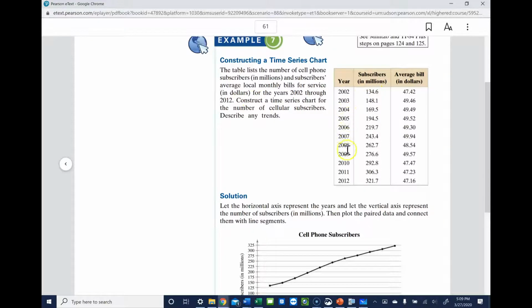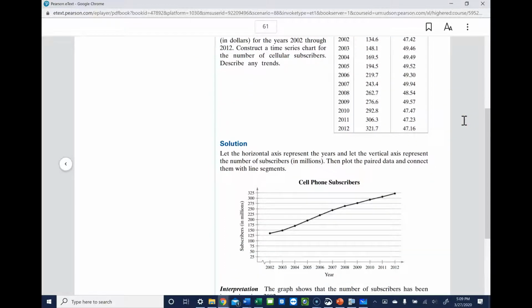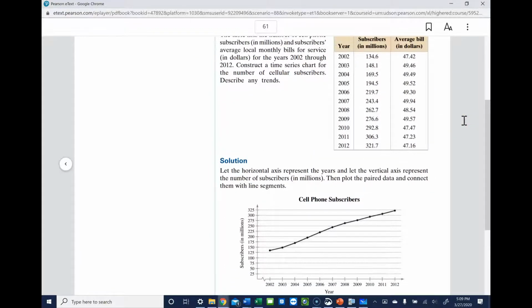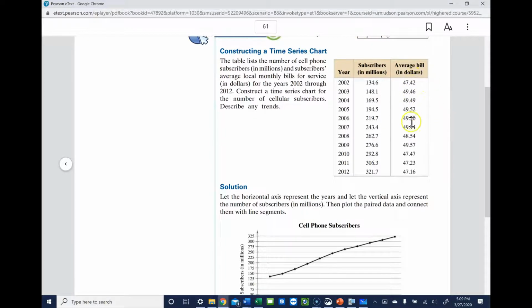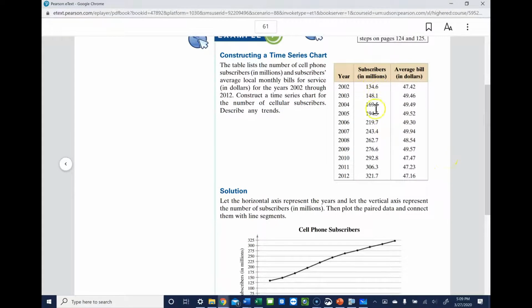So here's the year, here's the number of subscribers, and here's the average bill from 2002 through 2012. They didn't even graph the average cost. They only graphed the number of subscribers.